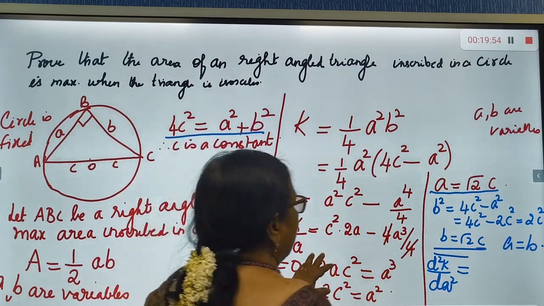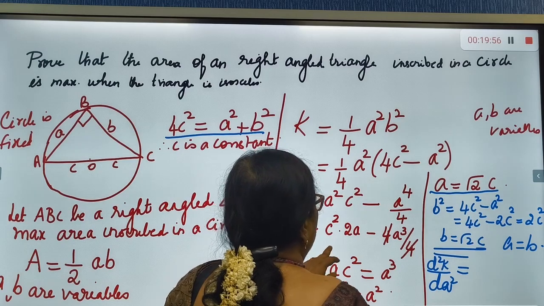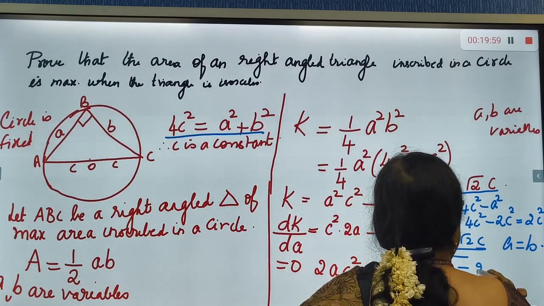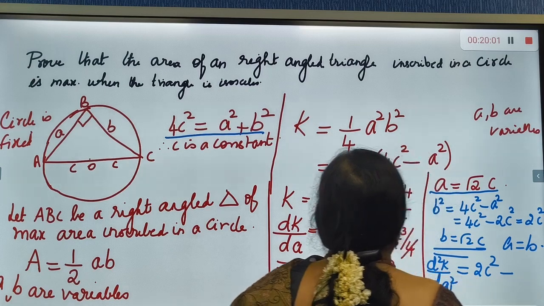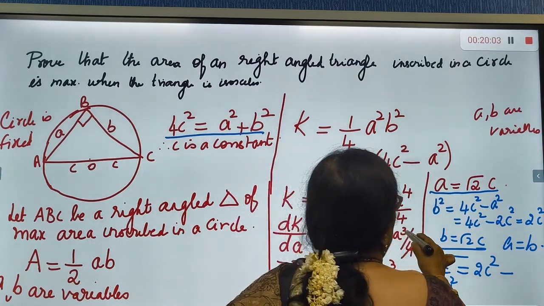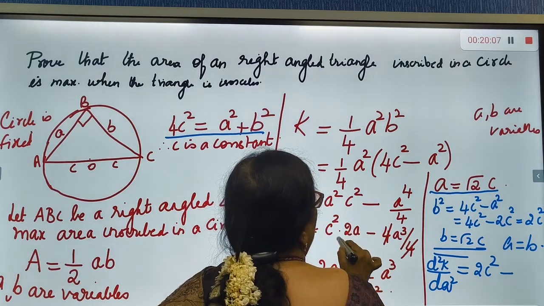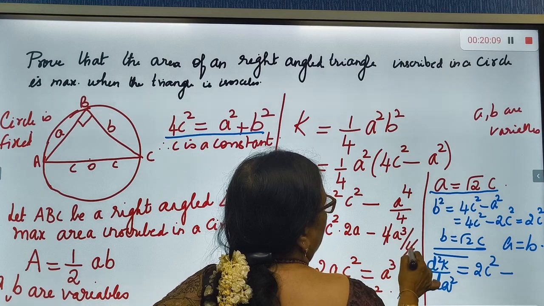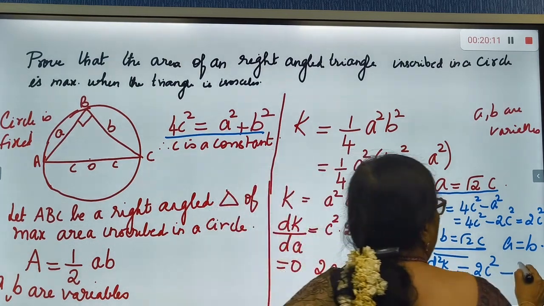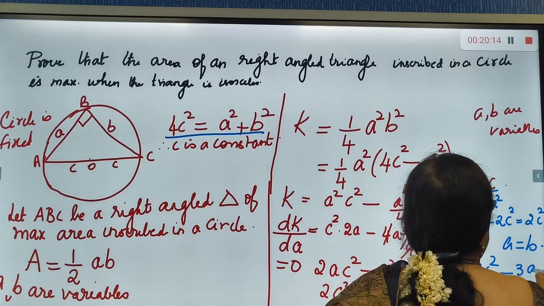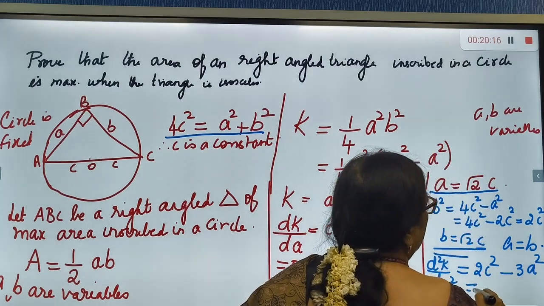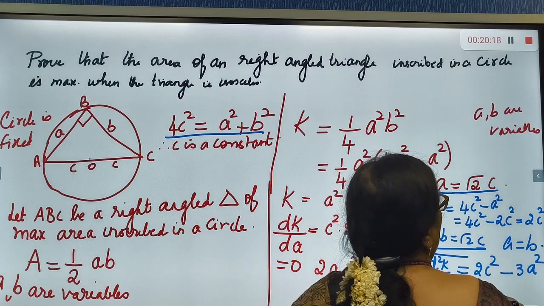That will be, when I differentiate this with respect to A, I will get 2C square minus, this will be what? When I differentiate, I get 4a cube by 4, only a cube is there. So minus 3a square. What is 2c square in terms of a square?